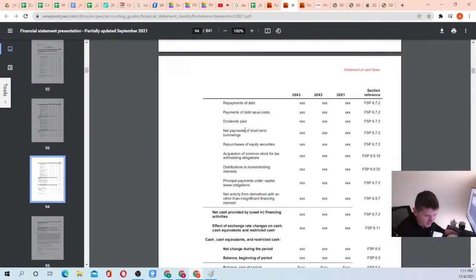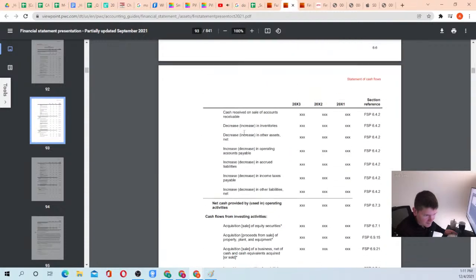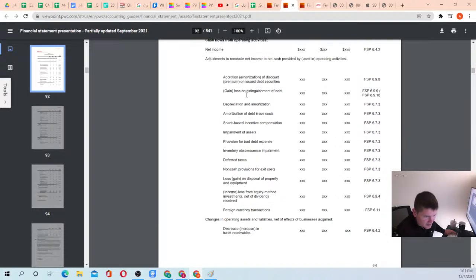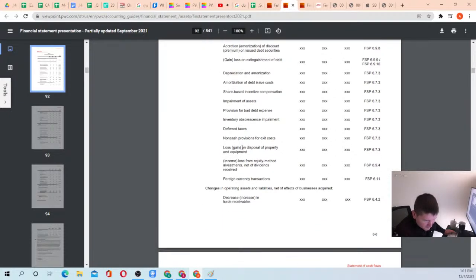So let's see if we have such a caption here. Decrease income taxes, accrued liabilities, income loss on disposal of property, non-cash for exit, deferred inventory obsolescence, provision impairment, share amortization of debt issue costs, accretion of discounts premium on issued debt securities.